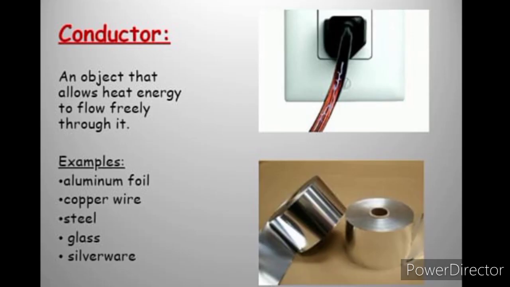So what are conductors? An object that allows heat energy to flow freely through it is known as a conductor.